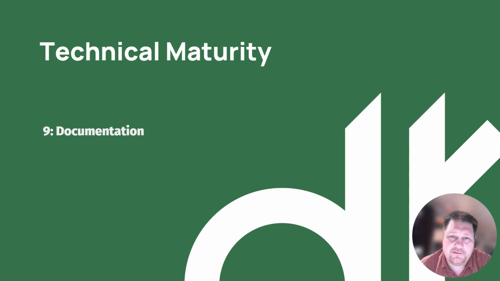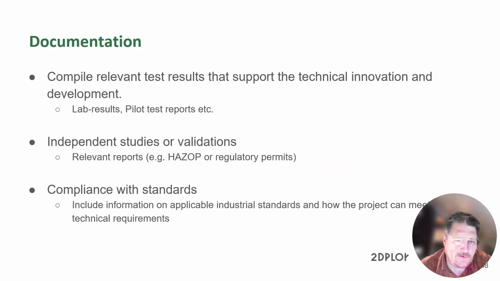So what kind of supporting documents do you need? I've already touched some of them, but it's very good to have as much supporting documents that can guide us as proofs of the technology and the expected outcomes.